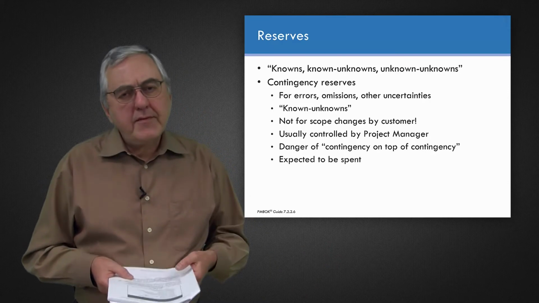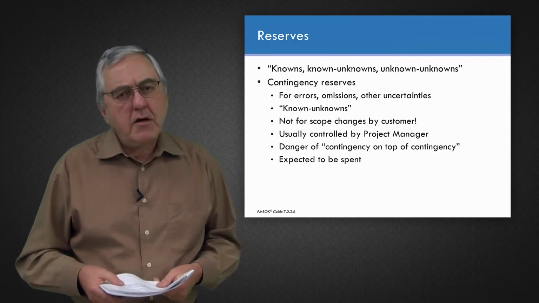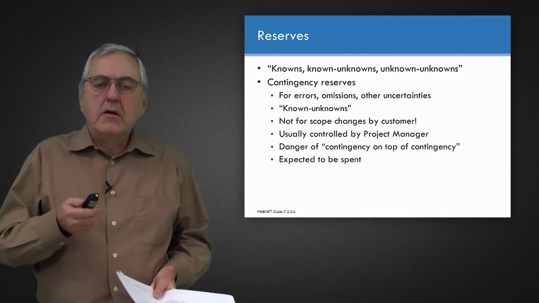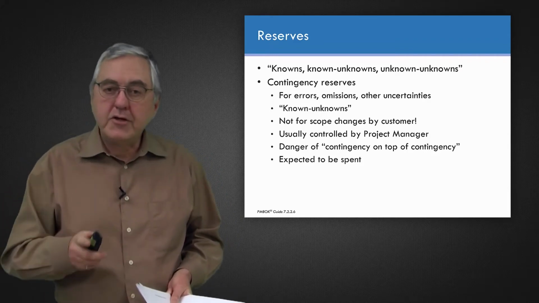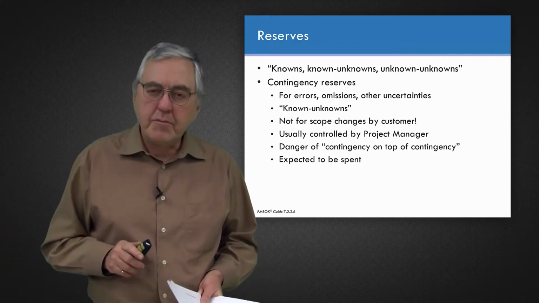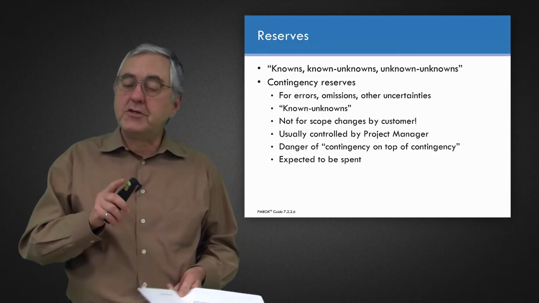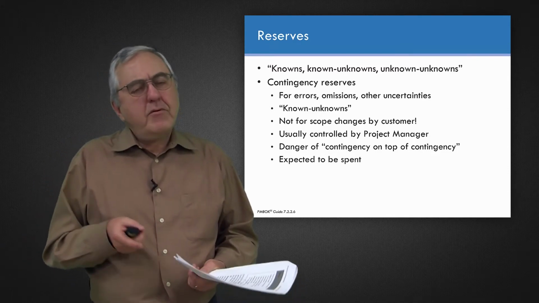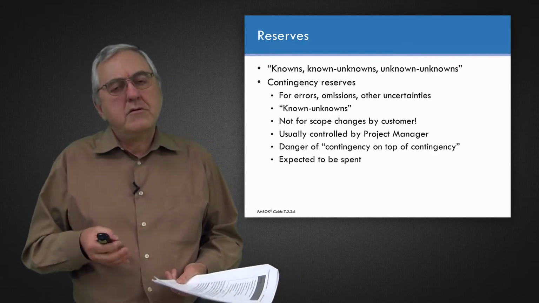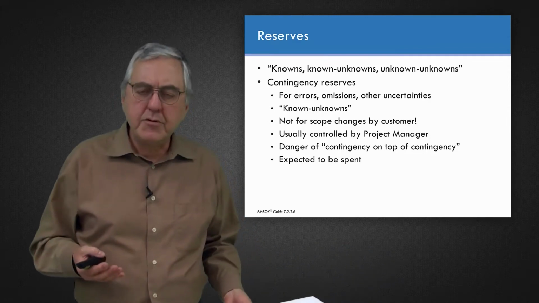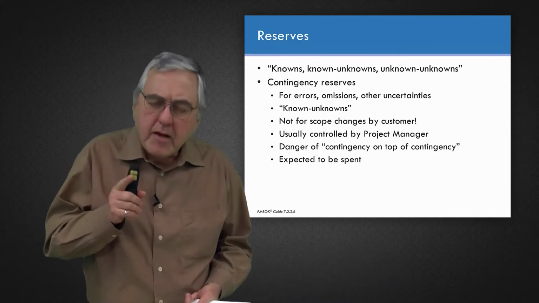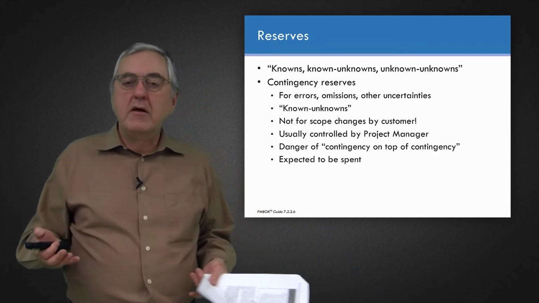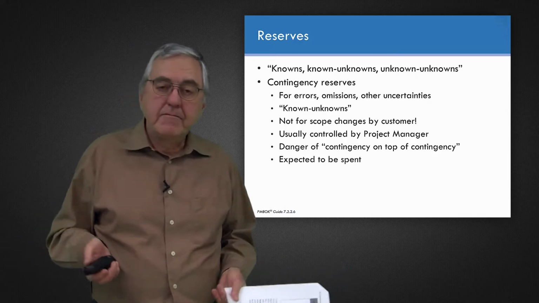Now, something that is a rather important part of reserves, at least theoretically, is that contingency reserves should not be for scope changes by the customer, scope additions by the customer. Because if I put money in the estimate for unknown scope changes that haven't been proposed yet, essentially I am approving those scope changes before they've even been discussed.